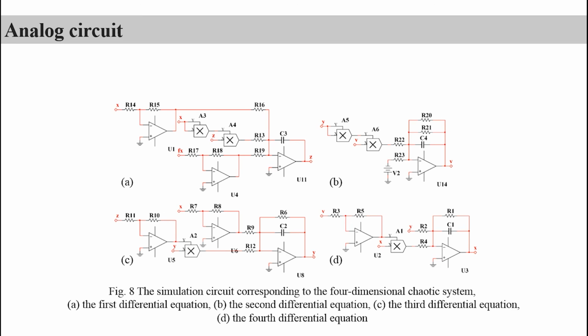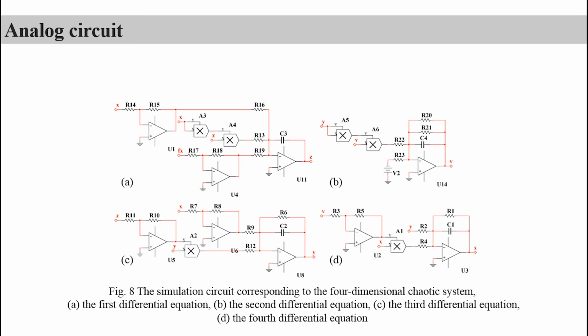Among them, Vx to Vw are the four circuit variables of the analog circuit. The G1 to G6 are the amplification coefficients of the multiplier, and V represents the constant term.